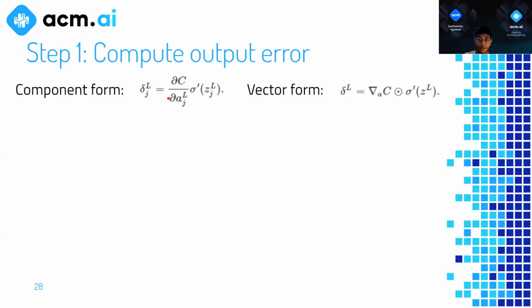So of course, we don't like sub indices. It's a pain. So instead, in nice simple vector form, using that Hadamard product, we define it like this.